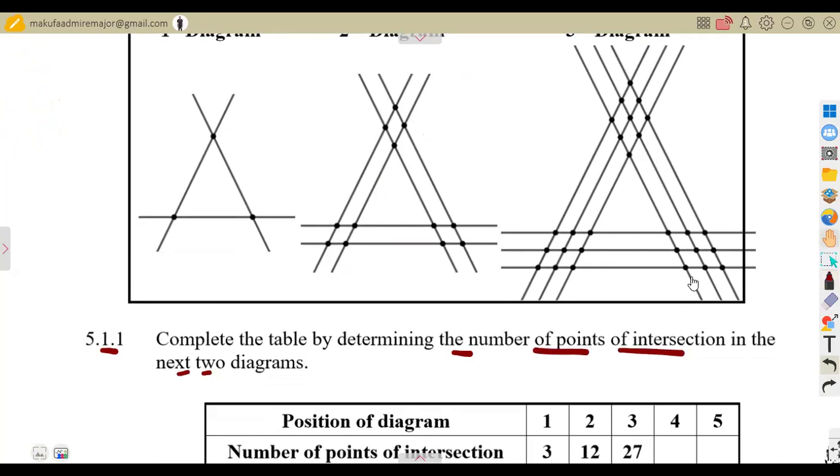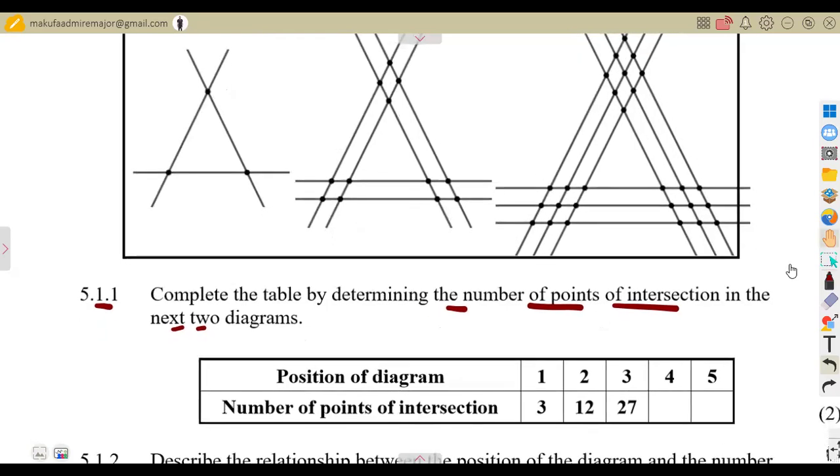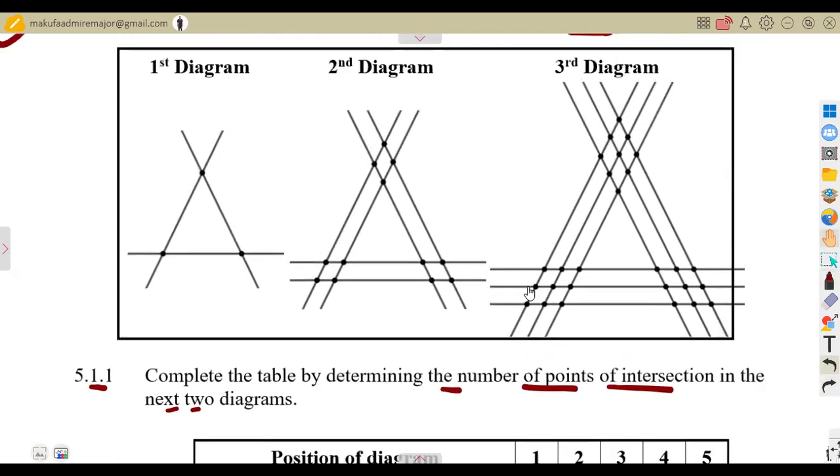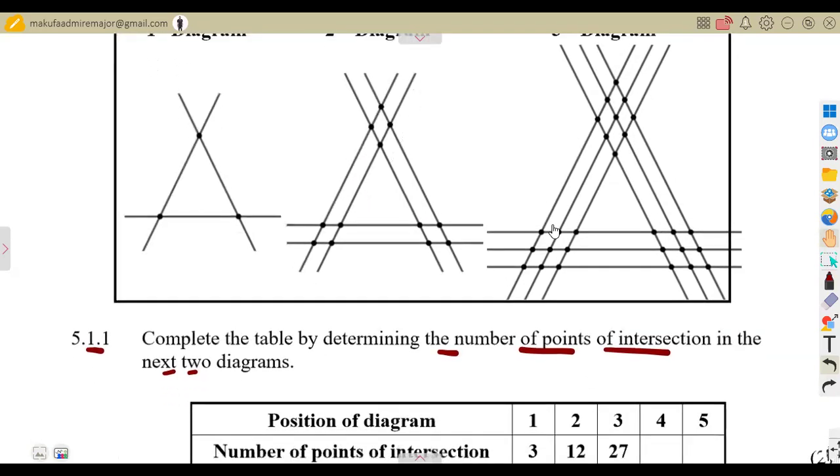So we are not working with the triangles formed. No, we are working with the number of points of intersection. That is what you're given. This is what you have to study.